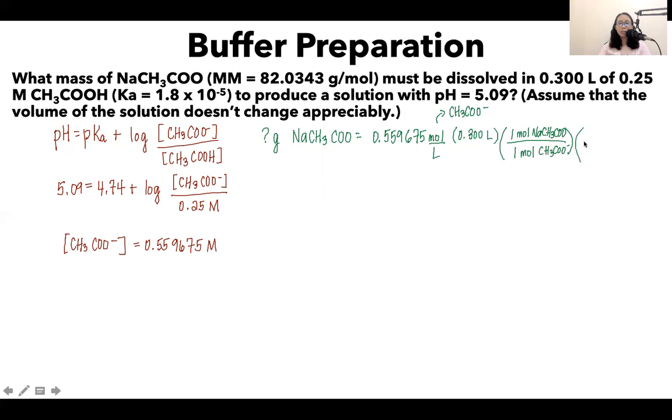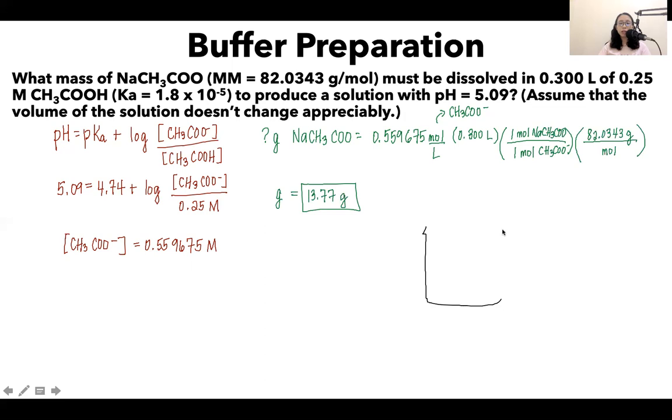And finally, we use the molar mass of sodium acetate, which is 82.0343 grams per mole. And solving for this, you will get a value of 13.77 grams.